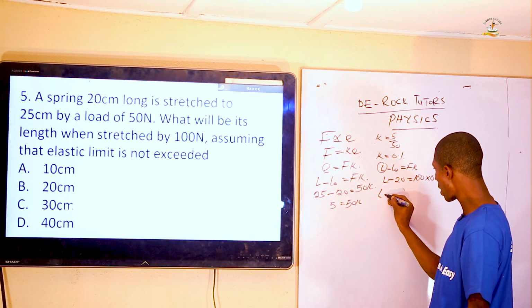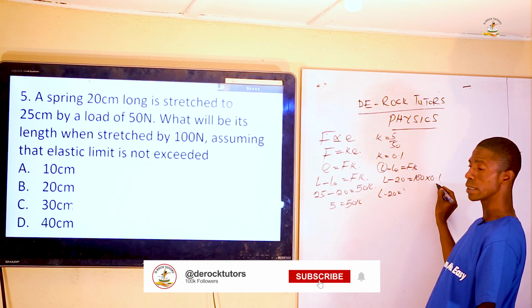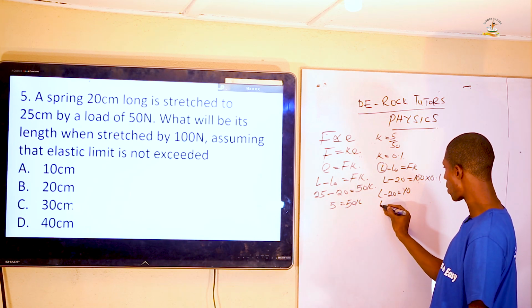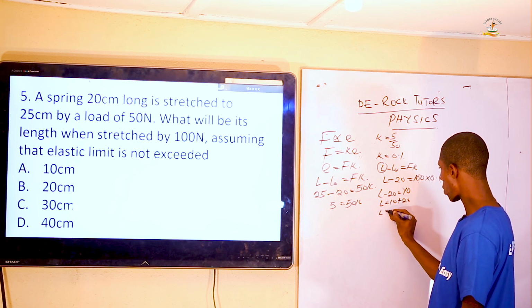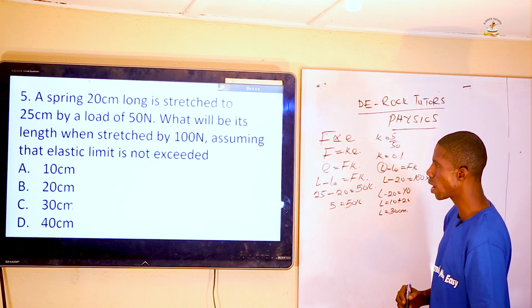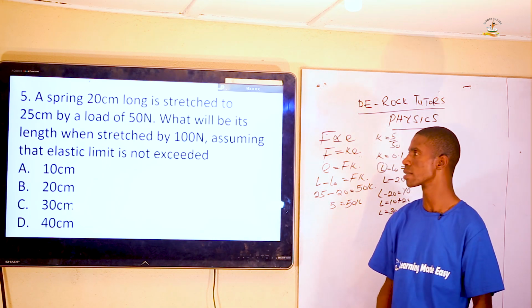So with this, L minus 20, if I multiply 100 by 0.1, that will give me 10. If I collect like terms, my L will give me 10 plus 20, so I will have the length now to be 30 centimeter, which is option C. So our answer is C there.